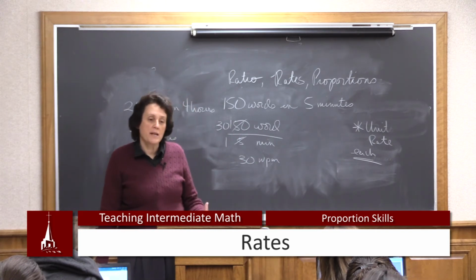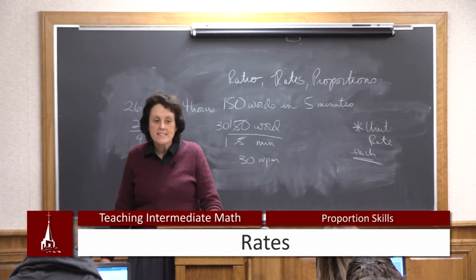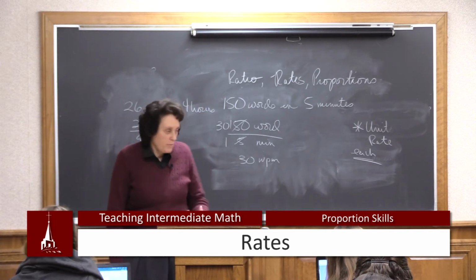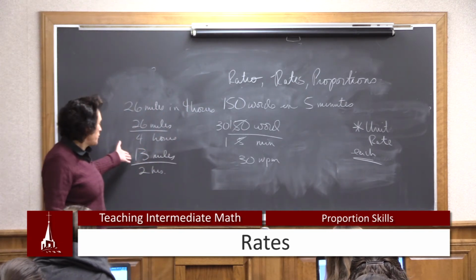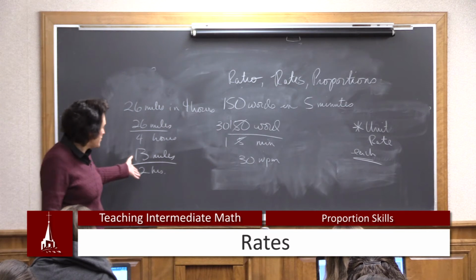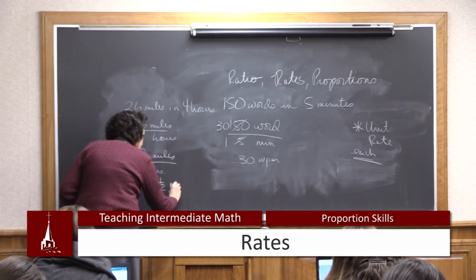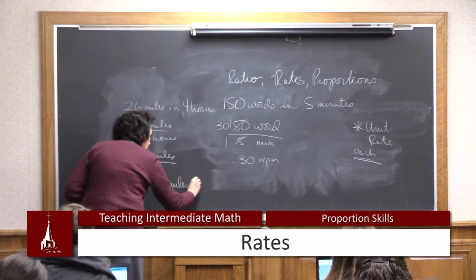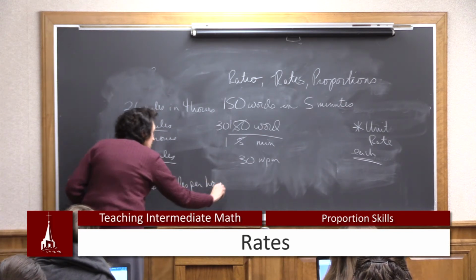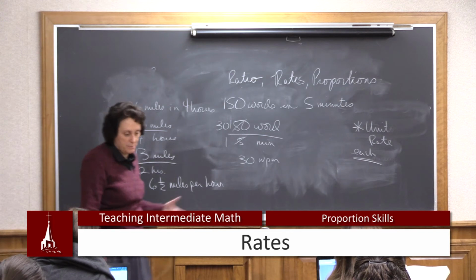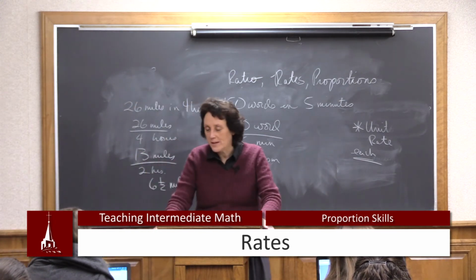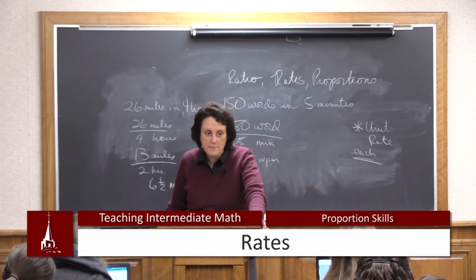So the most important thing about the section on rates is the idea of unit rates. We don't think of this as 13 miles in 2 hours. We think of it as 6.5 miles per hour, or 6.5, okay? Same thing.